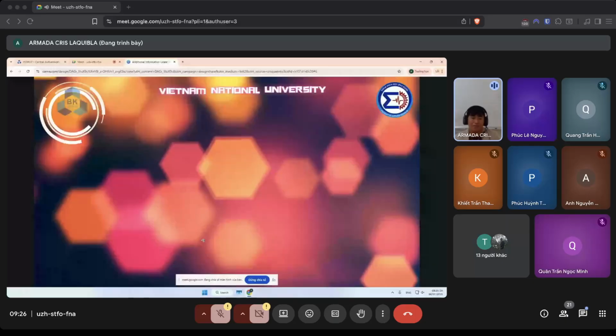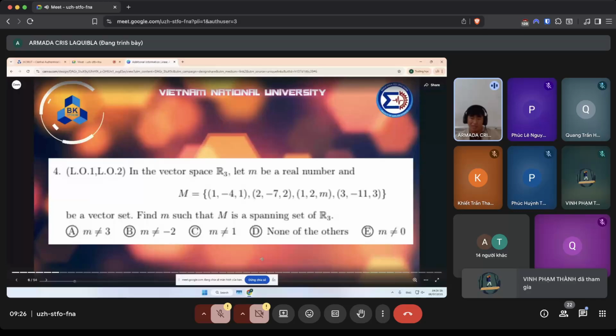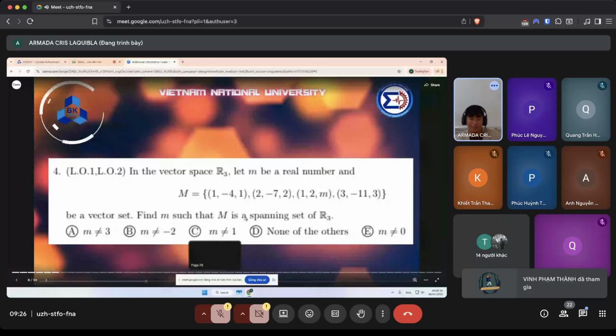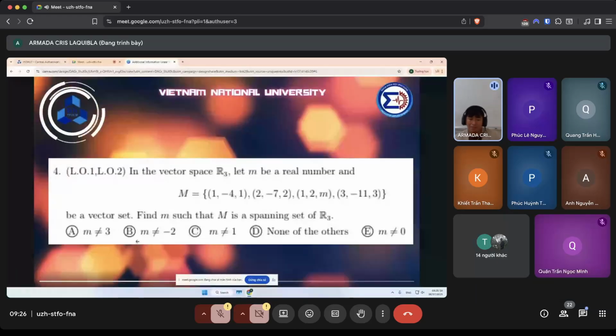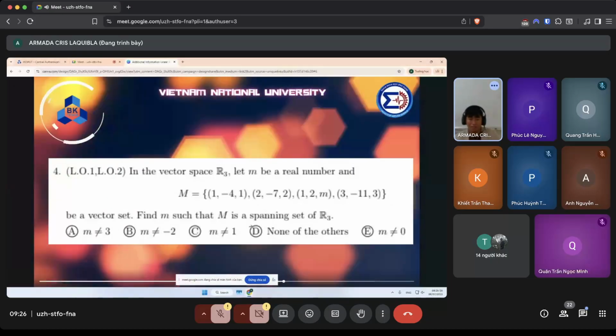Next, number 4, you have this. In the vector space R3, let M be a real number and M is equivalent to these vectors. The 4 vectors are elements of your M. Be a vector set. Find m, the small m here, such that the capital M is a spanning set of R3.